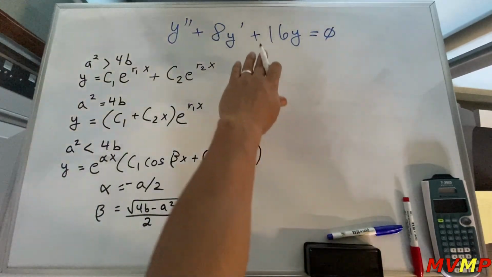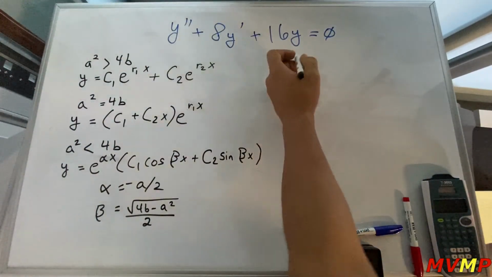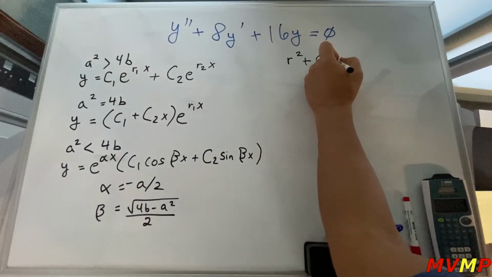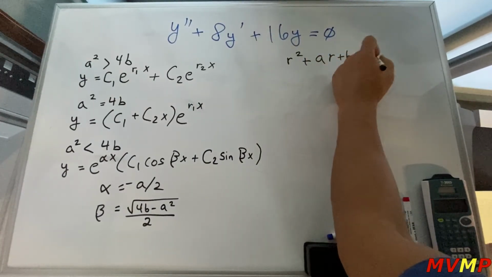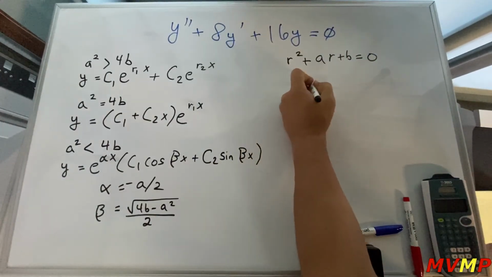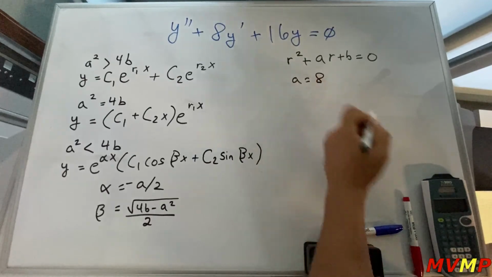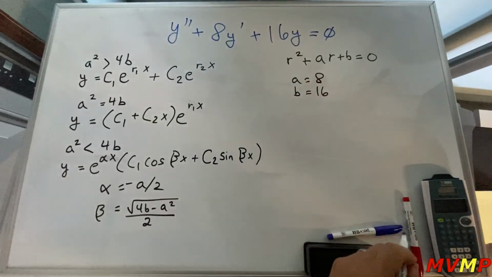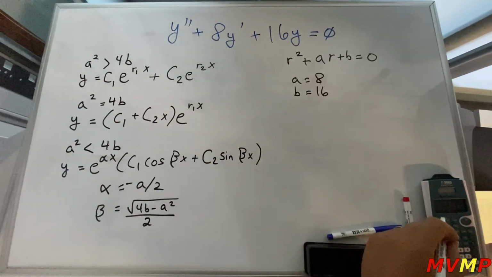So we look at this over here and we set it up as r squared plus ar plus b equals 0, and we compare it to this. We see that our a is 8 and our b is 16.